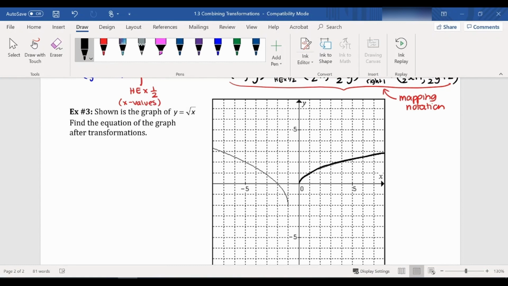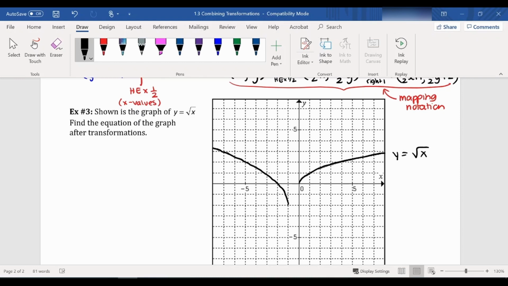Again, that's one of our basic graphs that we want to make sure we know. And we are given this new graph here after some transformations. And our job is to figure out what those transformations are and write a new equation for this graph.